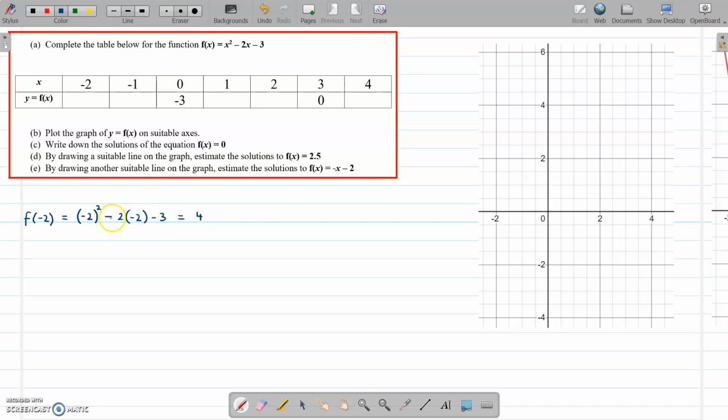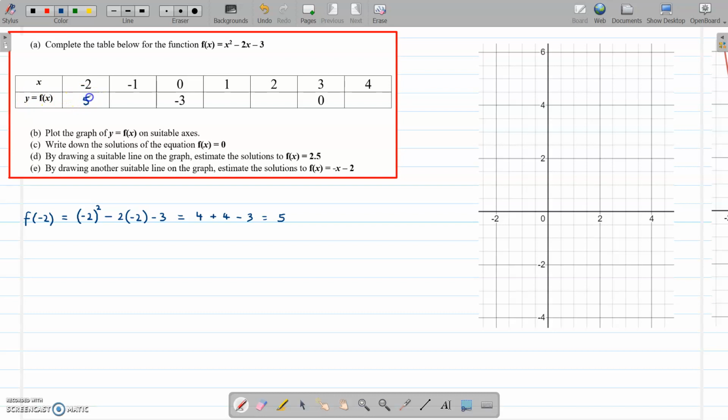Again, you're timesing a minus by a minus, that's going to be plus 4. And then we've got minus 3 here. So that's 4 plus 4 is 8, minus 3 is 5. So when x is minus 2, f of x, or y, is 5.